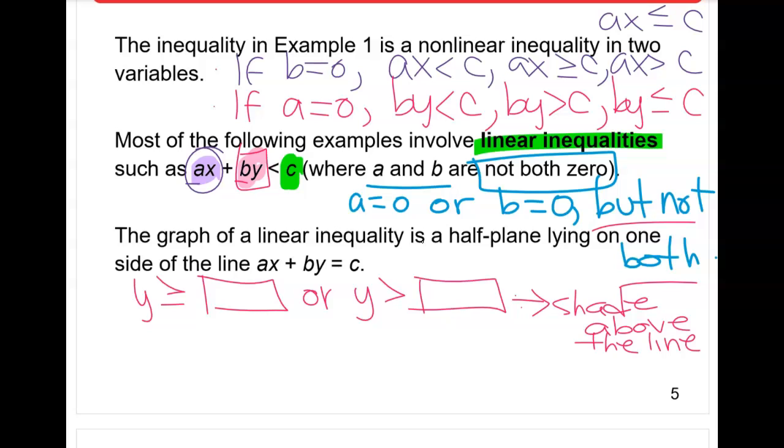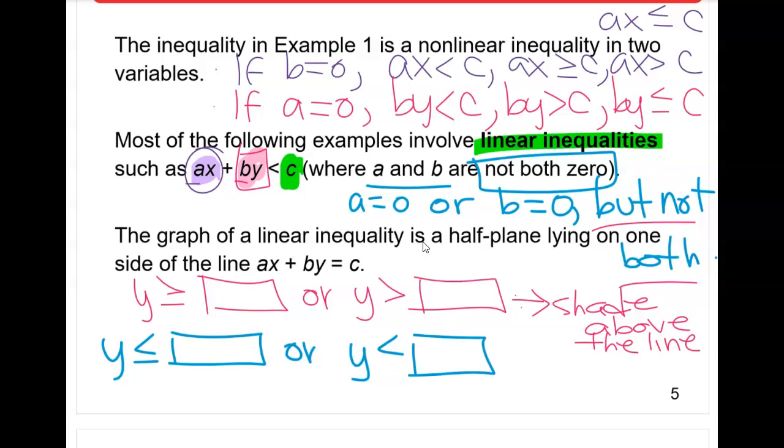The other case is if y is less than or equal to something, or without the equal, y less than something, then we will be shading below the line.